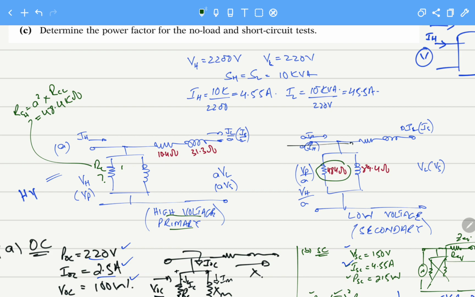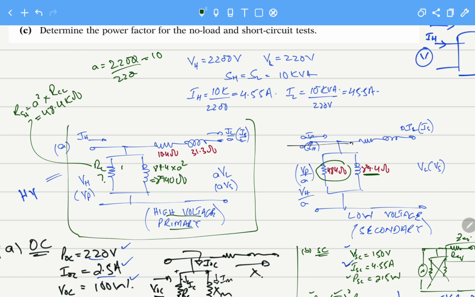If you have not calculated a, we have a equals 2200 divided by 220, that is 10. Similarly, this will be 89.4 multiplied by a square, and this will give us the value of 8940 ohms. So here your equivalent circuit is now complete for the transformer which is reflected towards the primary or the high voltage side.